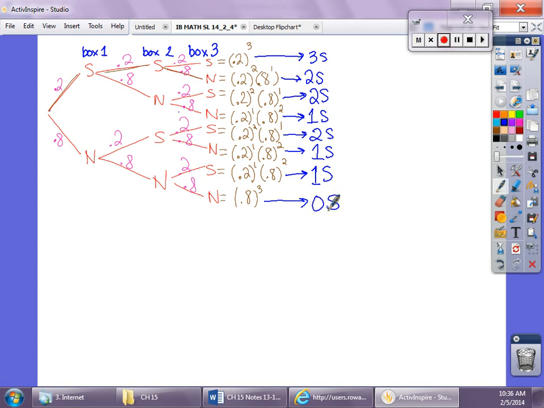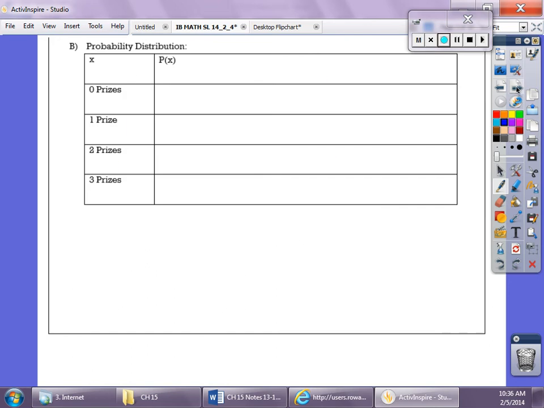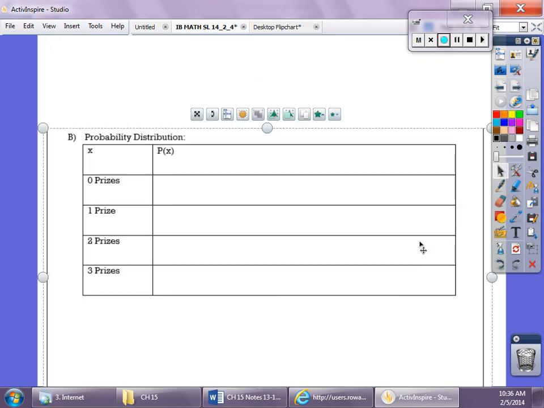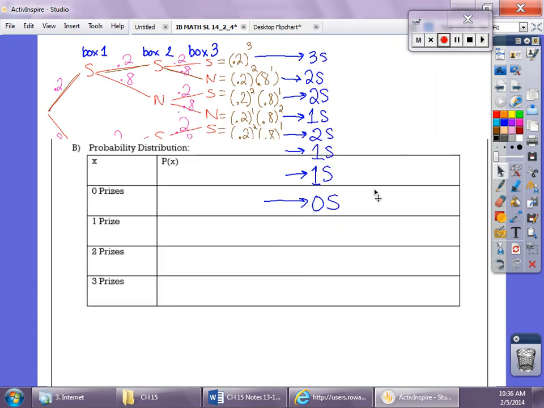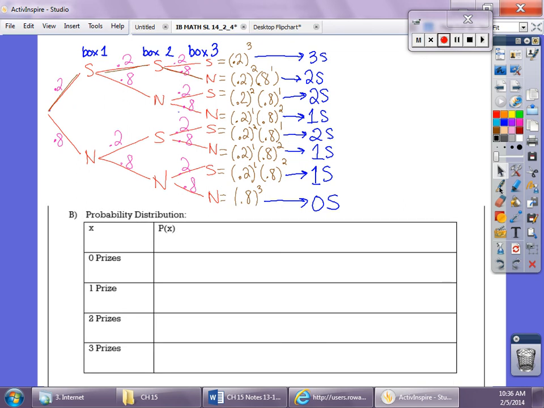Now, if I want to write probabilities and do the probability distribution, I'm going to take this and copy it over underneath so that we see the values. If I want a probability distribution based on the number of prizes, X is equal to the number of prizes that I actually received, the surprises.